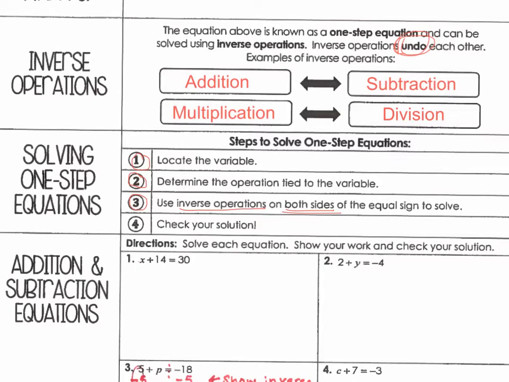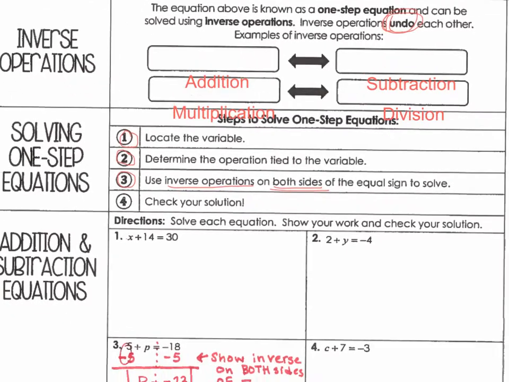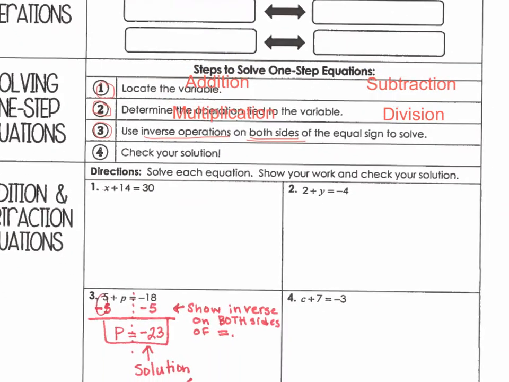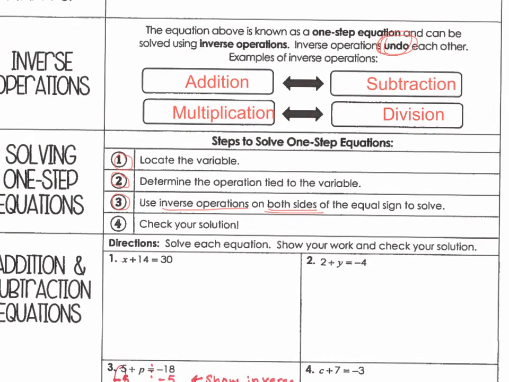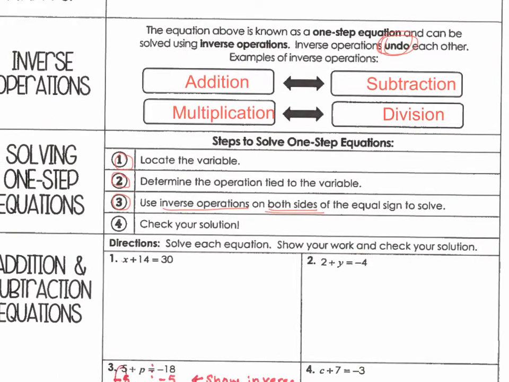All right, so let's go ahead and look at number 2 here, and let's go through those steps. All right, so first, where is your variable? Okay, so there is your variable y. What is happening to the variable? There's a positive 2.